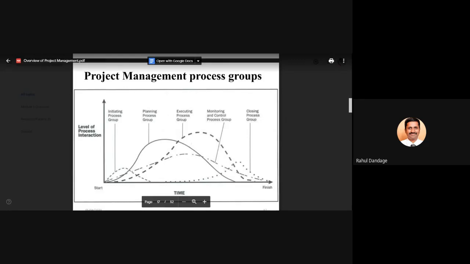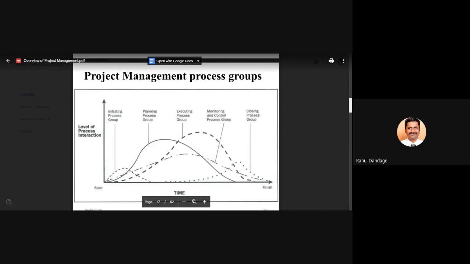So you can see there are different process groups mentioned in the diagram, and there are some curves drawn. Some curves are drawn with a continuous line, there is a curve drawn with a dotted line, a curve drawn with a dark dotted line, a curve drawn with small dots, and a curve drawn with dash and dot.